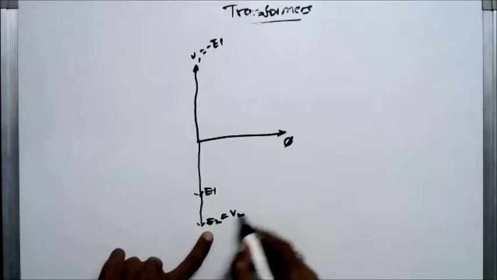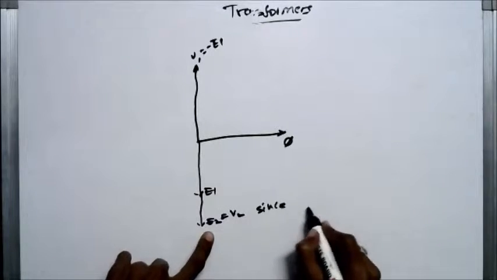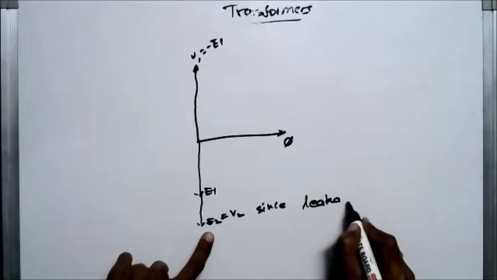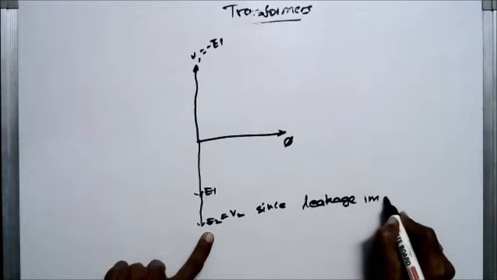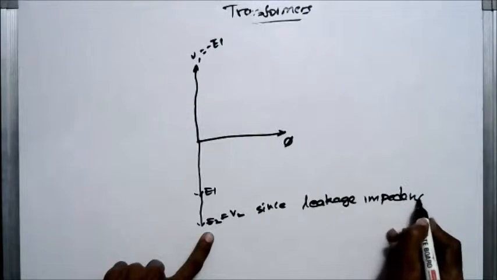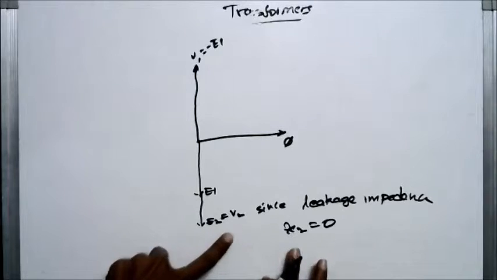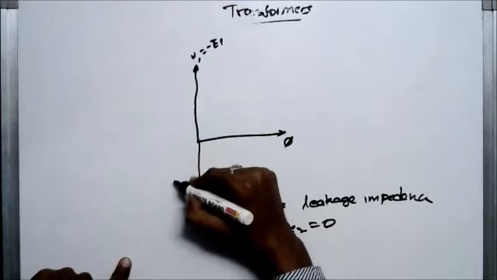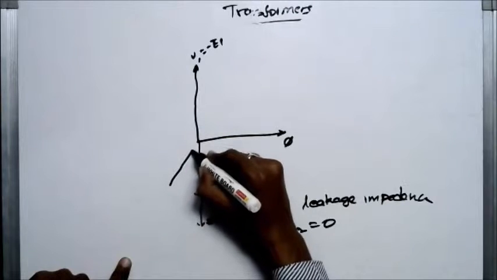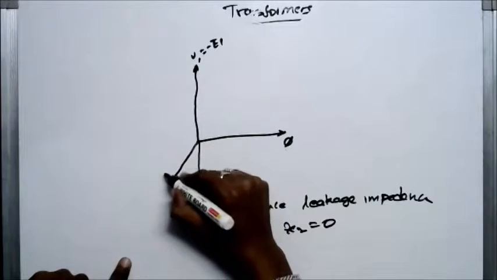Here, since the leakage impedance is equal to 0, that's why E2 is equal to V2. Here we'll get a lagging load, that is, lagging current I2.